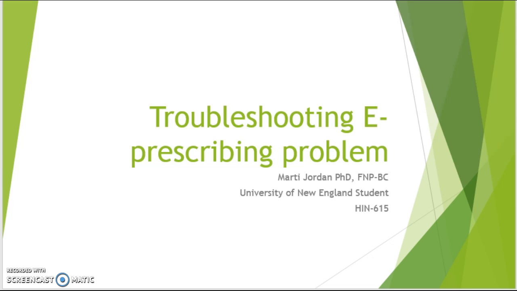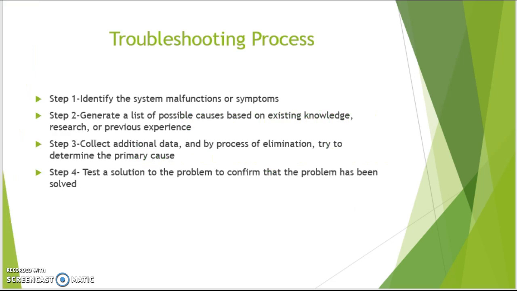And so I used the troubleshooting process found in our textbook by Ciampa and Revels, and I am going to explain that right now. The troubleshooting process by those authors is: step one, you identify the system malfunctions or the symptoms.